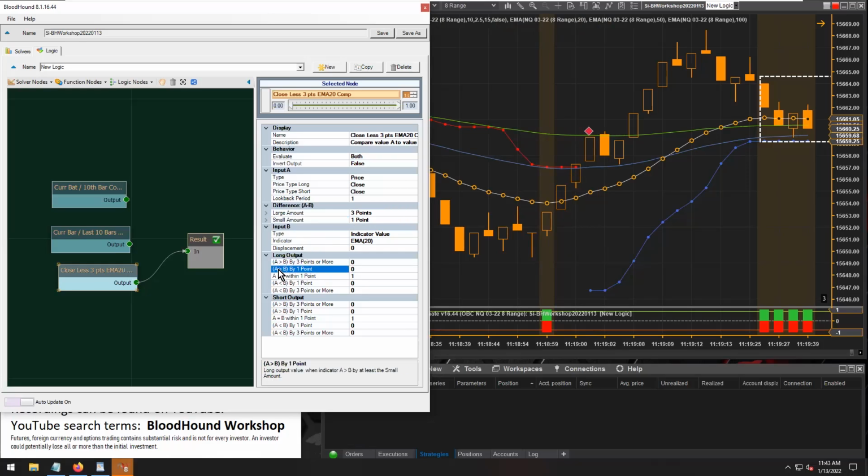And so the other output says A greater than B by 1 point. So basically a ratio between those two comparisons is what generates the fuzzy logic output. That's where the fuzzy logic comes from, the ratio between the 3 point and 1 point difference.